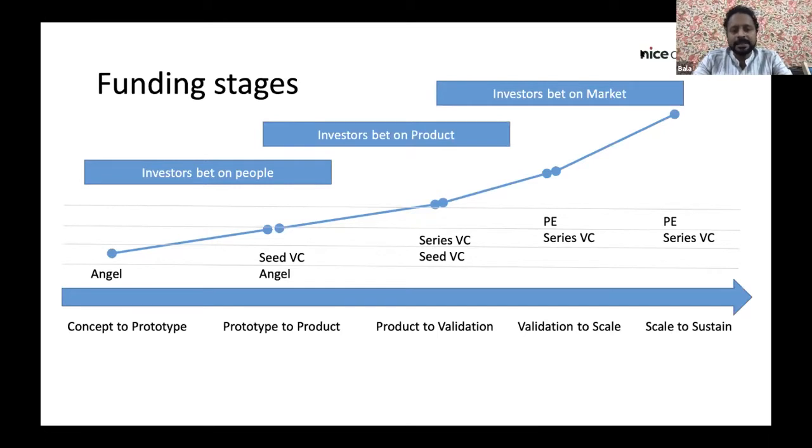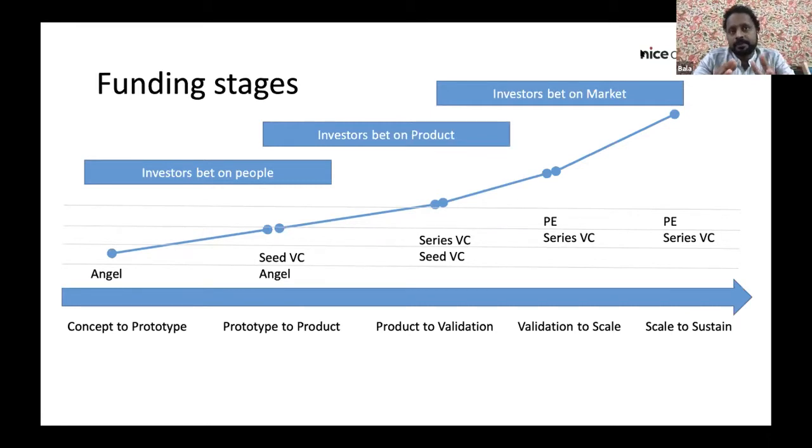Number one, at the angel and the seed level, somewhere between that, your investor is betting on people because there is not much traction in your business. There are not many signals that the investors can evaluate your business on. So they just look at you and ask, can I trust this entrepreneur? Can I bet on this entrepreneur? And that's primarily what the main focus of your pitch is also supposed to be.